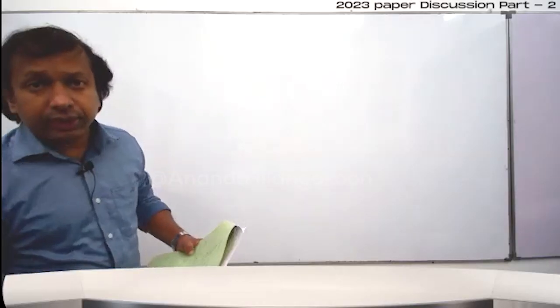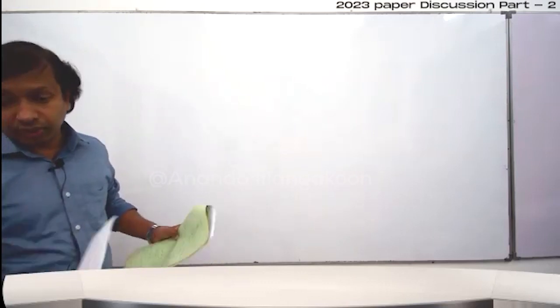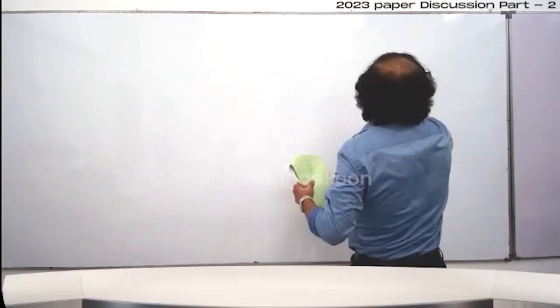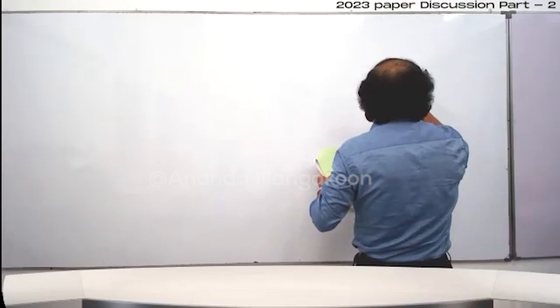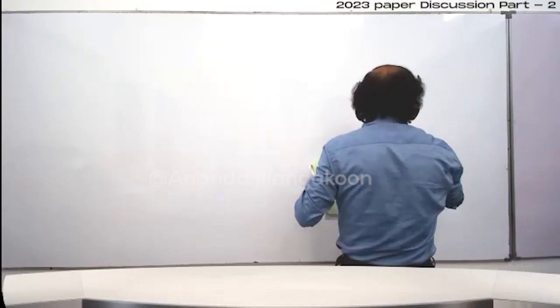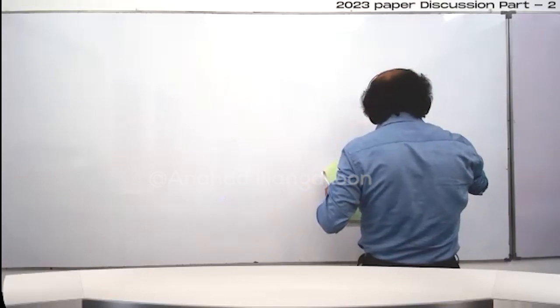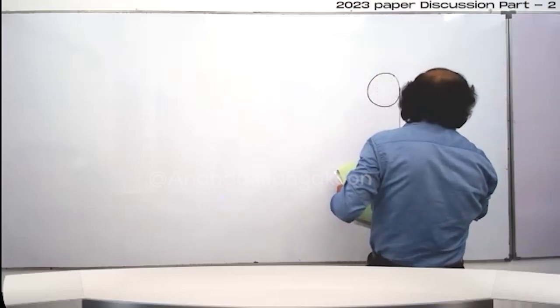Yeah, I draw this diagram, question number 4 in paper number 1. Okay, that question was this way. We have a pulley like this, and another pulley like this, right? And the spring.